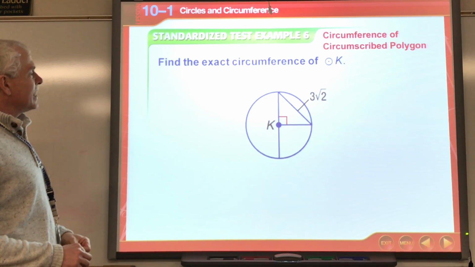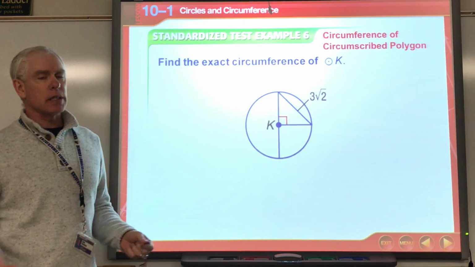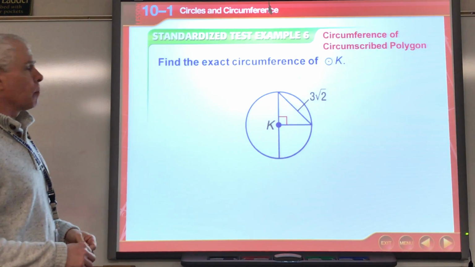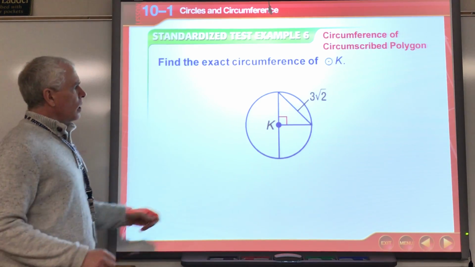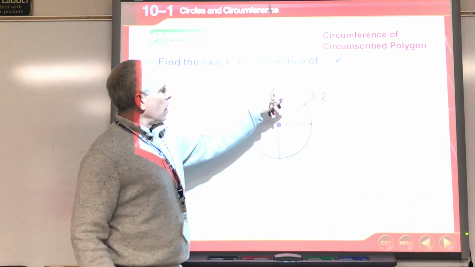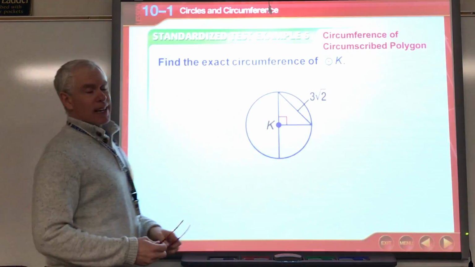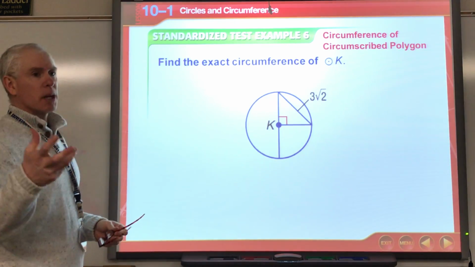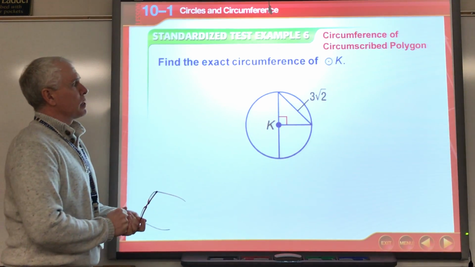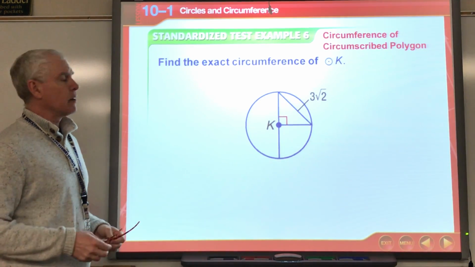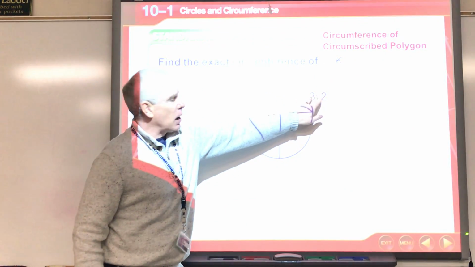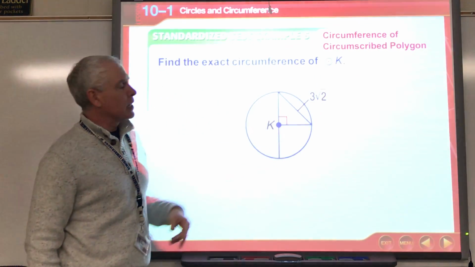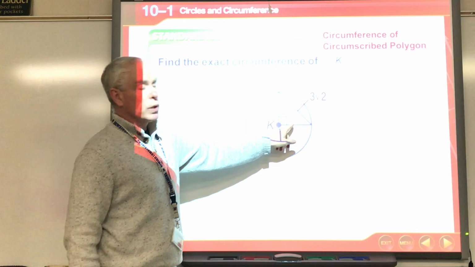Okay, find the exact circumference. That simply means I want the number pi to be part of my answer. Okay, the radii in a circle are always the same. So this triangle here is an isosceles right triangle. And if you think back to what we did in chapter 8 with our special right triangles, or 45, 45, 90s, if I've got the hypotenuse, I can divide by the square root of 2 to get back to a side, which would give me a radius.